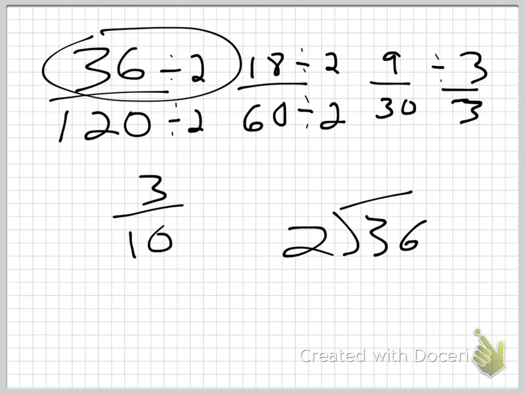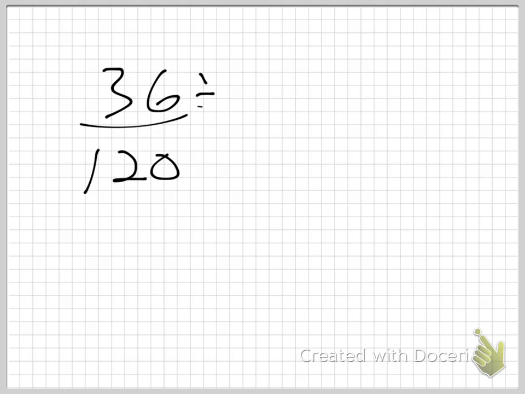It takes longer. Question, Mr. Campbell? Right, absolutely. That's another way of doing it, yeah. If you, right, I agree. That actually would be the best. 36 divided by 120, divided by the greatest common factor, 12.